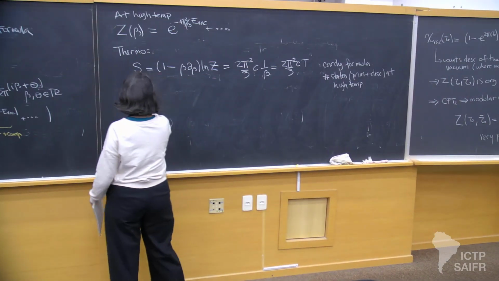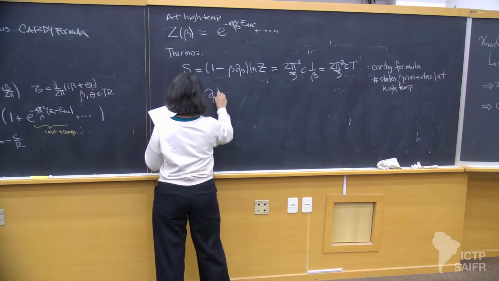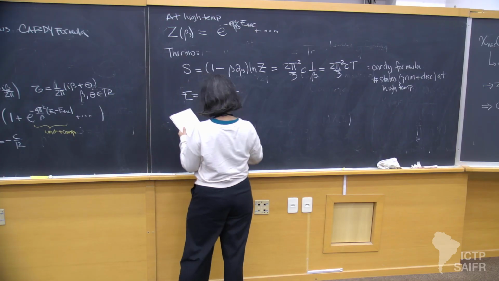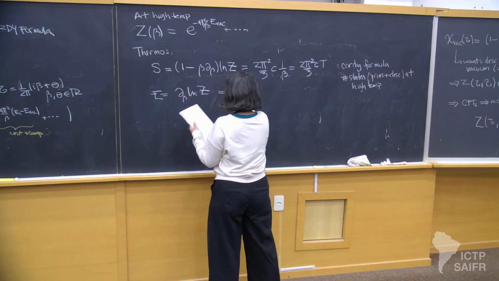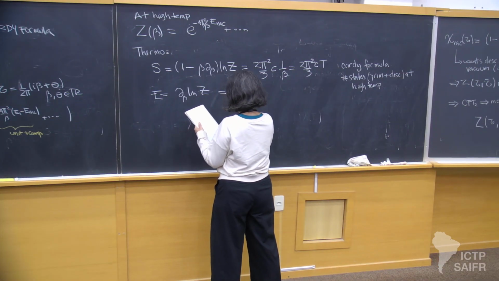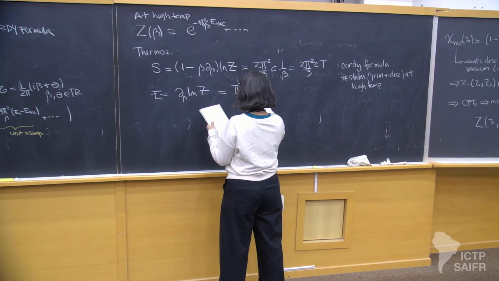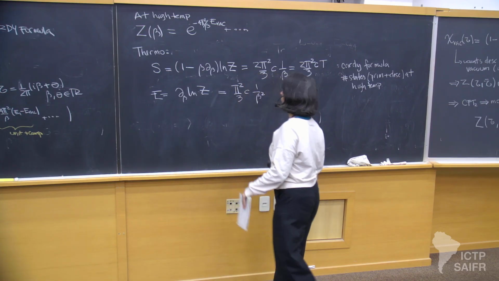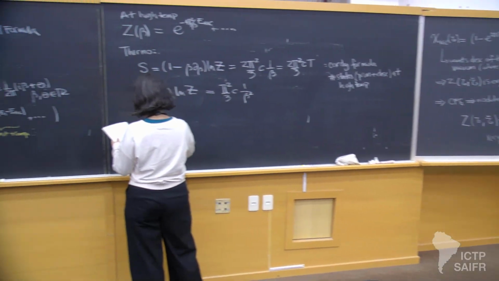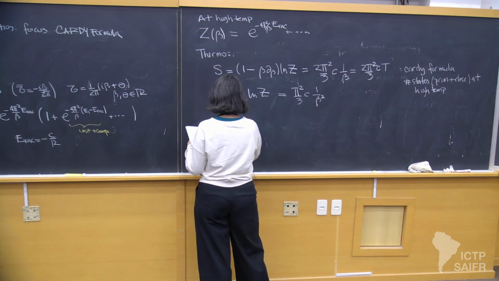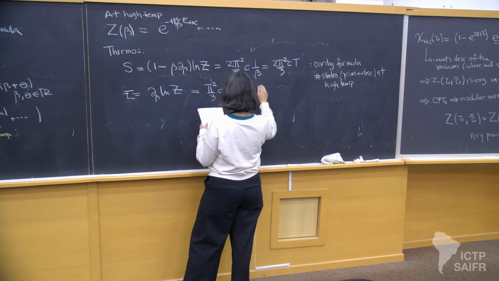Now, let's continue here. I can also compute the energy. The energy is a derivative with respect to beta of the partition function, which gives 1 over beta squared. Let me write this.